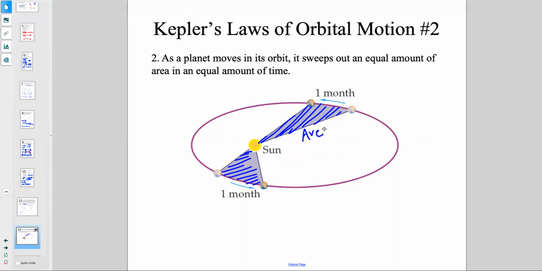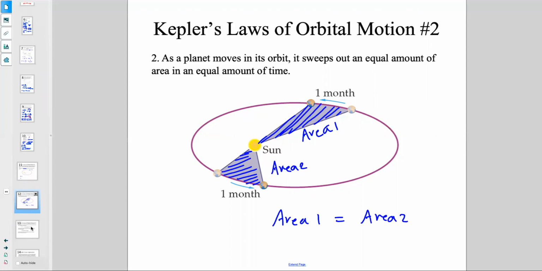Let me call this area 1 in 1 month and area 2. But area 1 and area 2 are equal. So it sweeps out an equal amount of area in an equal amount of time. In 1 month, you have a very short but very tall triangle, but here you have a wide triangle that is not very tall. But they have the same area, so area 1 and 2 should be equal. That was the second law of Kepler.